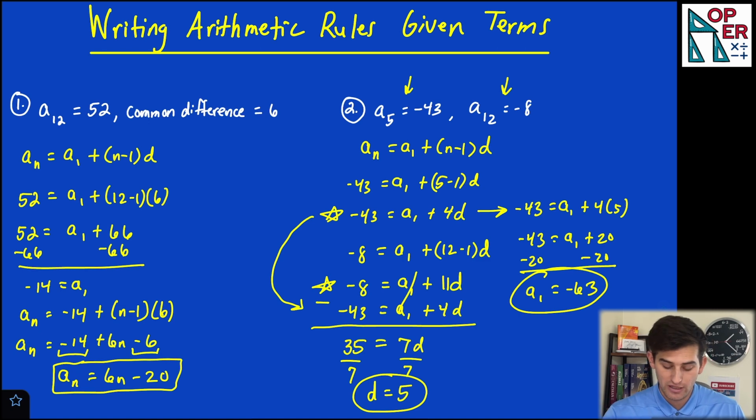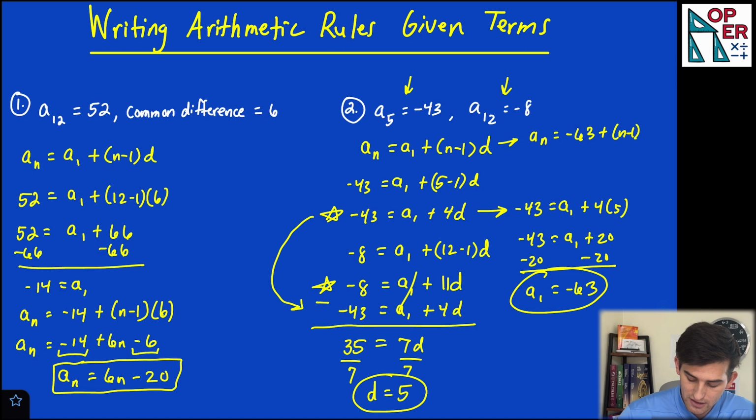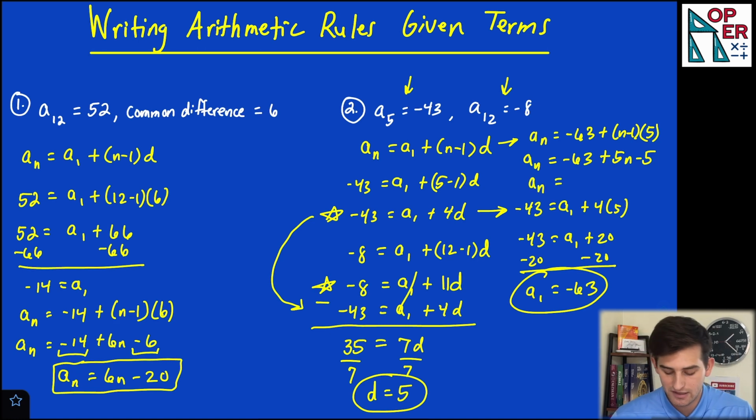Now we have the first term and the common difference, and we can plug them into our equation. a sub n equals negative 63 plus n minus 1 times the common difference, which is 5. So a sub n equals negative 63 plus 5n minus 5. Negative 63 minus 5 is negative 68. So our final equation is a sub n equals 5n minus 68.